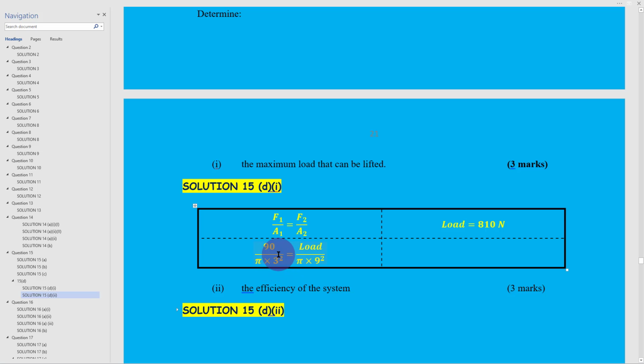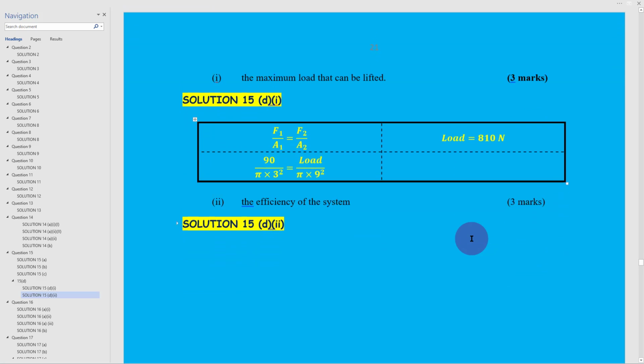I never bothered to convert centimeters into meters because I knew if I do that on the left hand side of the equal sign and I do the same on the right hand side, that effect will just cancel out, and it is as if I never attempted to convert in the first place. So it is equal to F2, which is the load, over this. Calculating that, I get a load of 810 newtons.